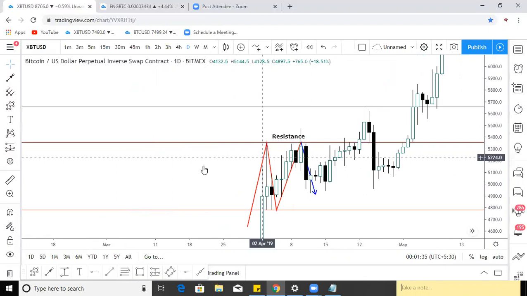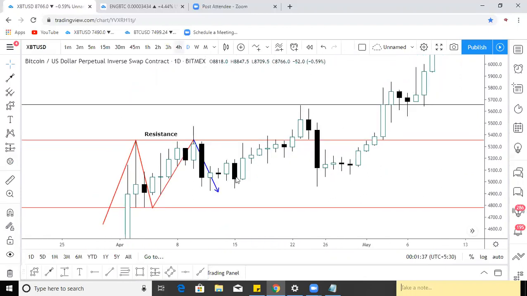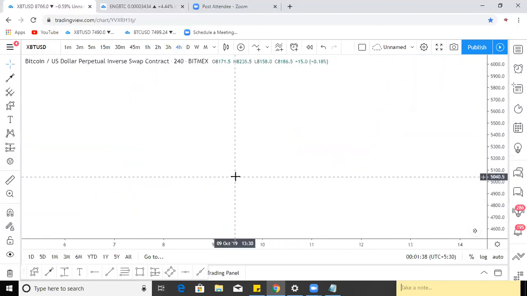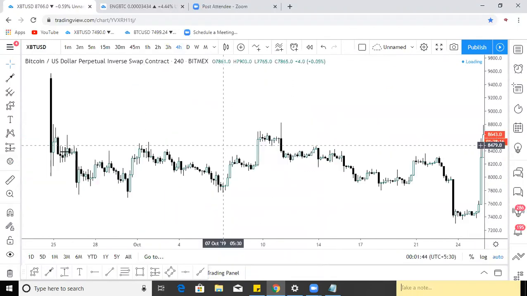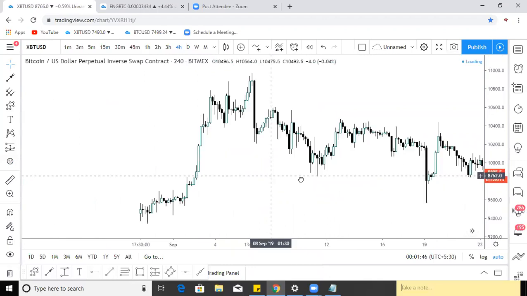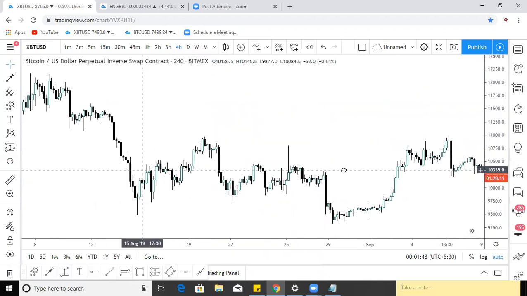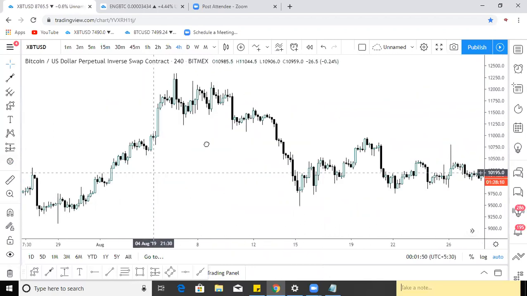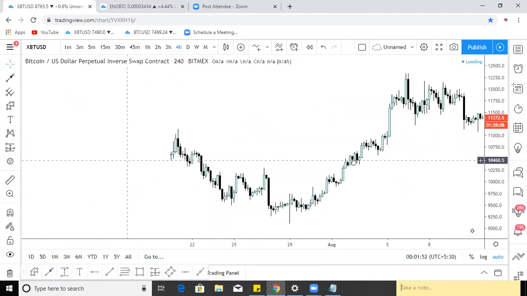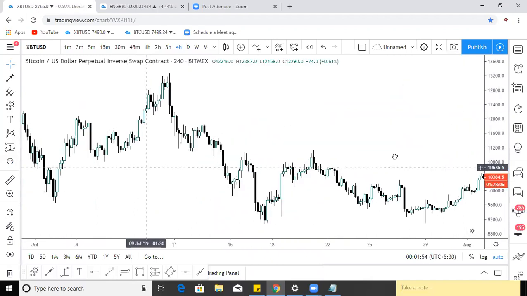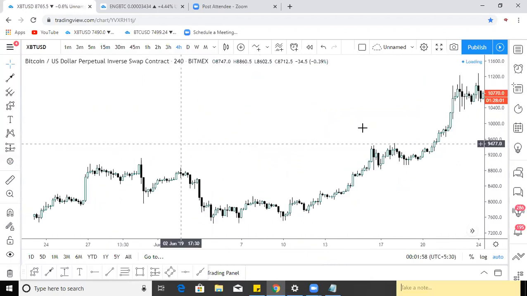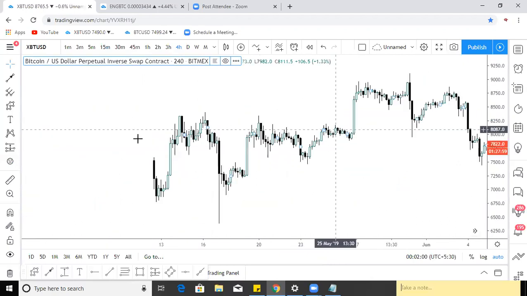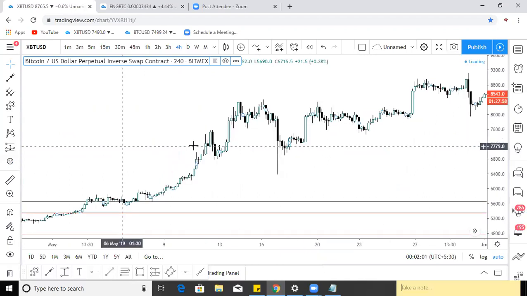When we see the same level on the 4-hour chart, we're going back. Okay, here we go. It was at 5500. Yes, here it is.